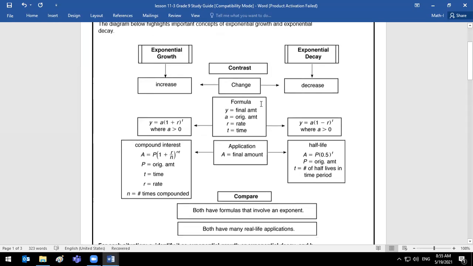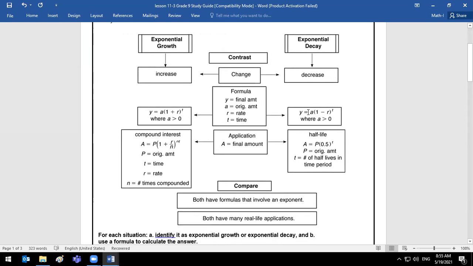We have different formulas we are going to study today. The first one belongs to exponential growth: y equals a, open parentheses, 1 plus r, all to the power of t, where a should be more than 0.